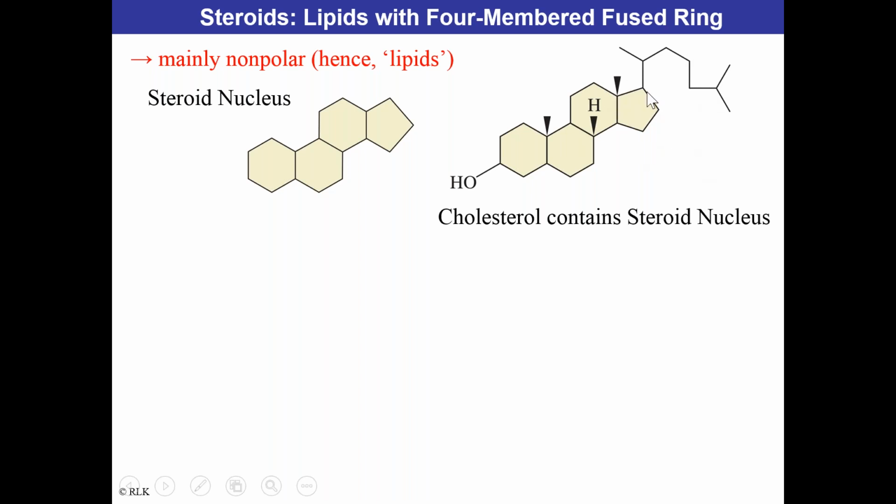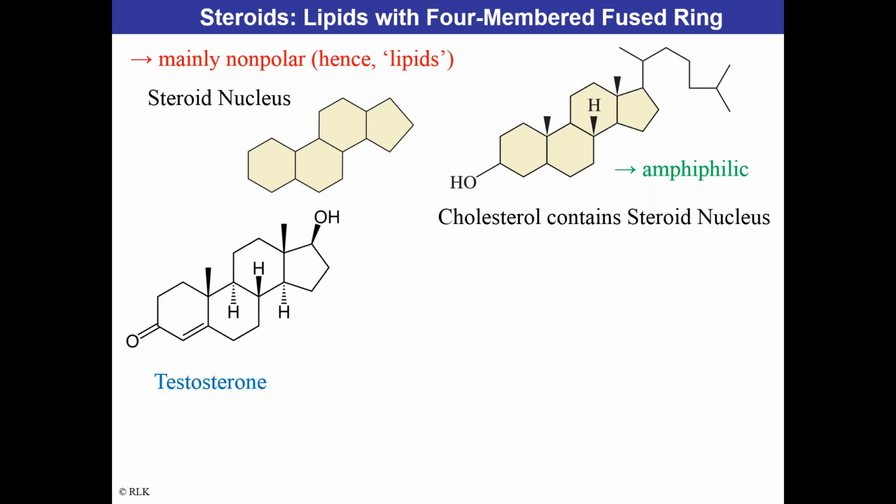You can see the cyclopentane structure on the upper right side of that steroid nucleus, and you also have the alcohol group attached in the bottom left of that cholesterol molecule. So you can see how you might have a large amount of nonpolar character. You have a tiny amount of polar character here through the hydrogen bonding, and you would consider that cholesterol to be an amphiphilic molecule.